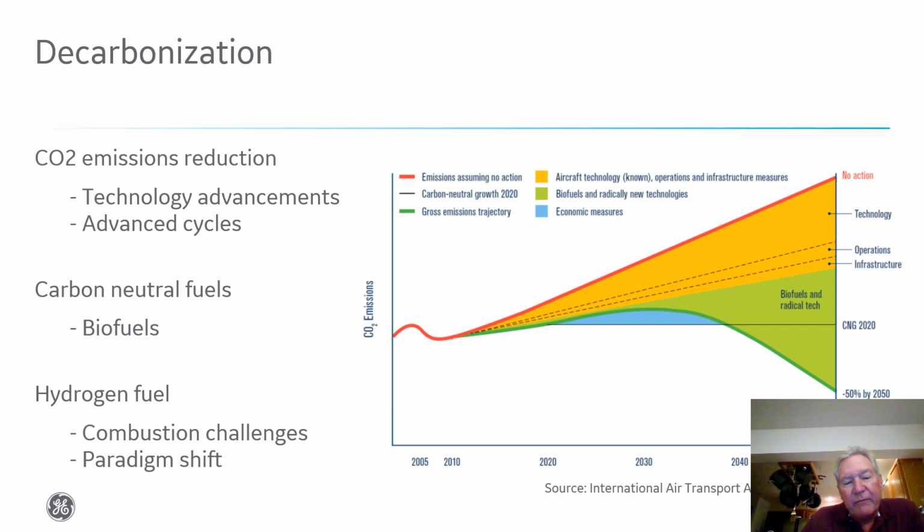The final, what I labeled as a paradigm shift, would be to actually go completely to a non-carbon fuel, like hydrogen. And so there's been a lot of interest in our industry in looking at hydrogen as a fuel, not only for power gen land-based gas turbines, but also the possibility of using hydrogen for aviation turbines.